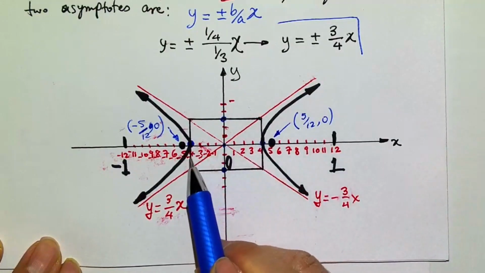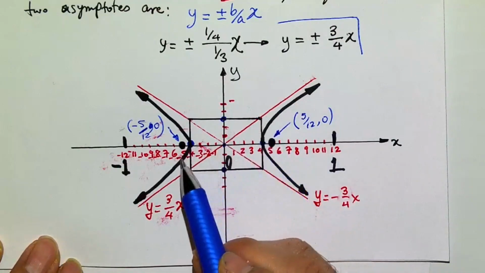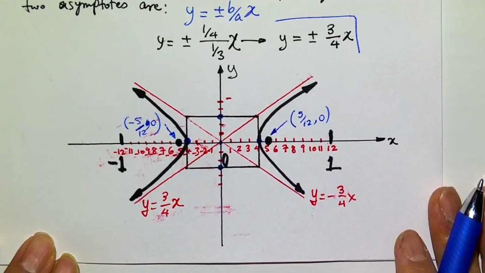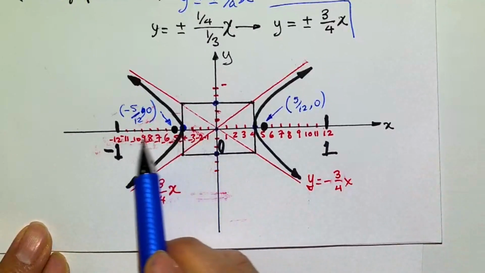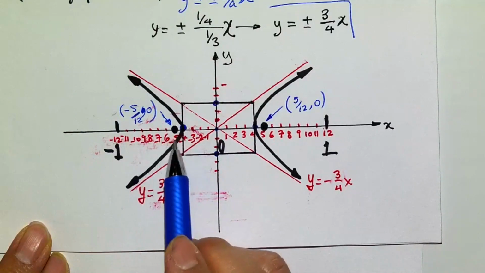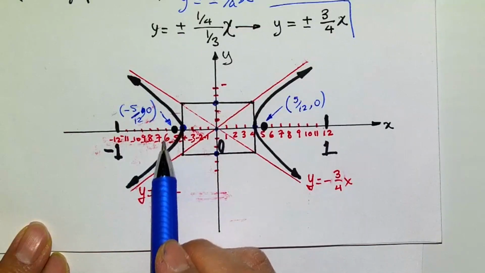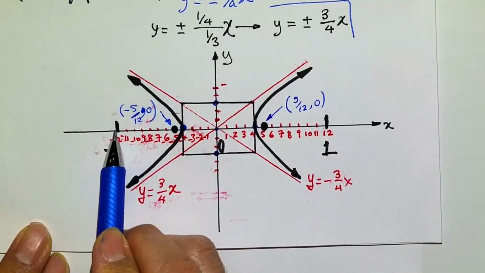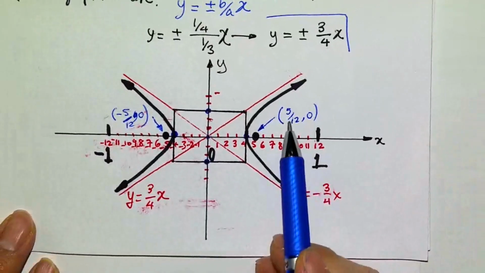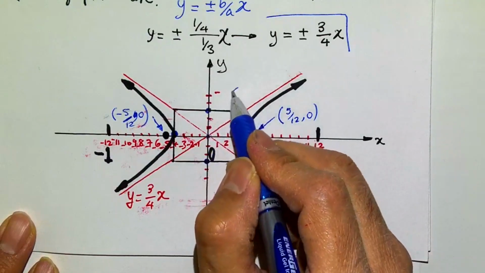And the vertices are at minus 4/12, or 1/3 on this side and this side. So again, I just drew these increments because the numbers are really small, and I hope this is making sense. If you look at these numbers as the sub-increments, the main increment is from 0 to minus 1, and from 0 to 1. Okay, then these numbers will make sense. And of course, these are the b values.